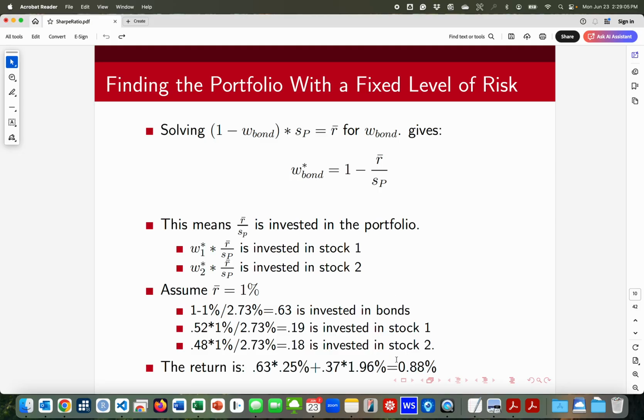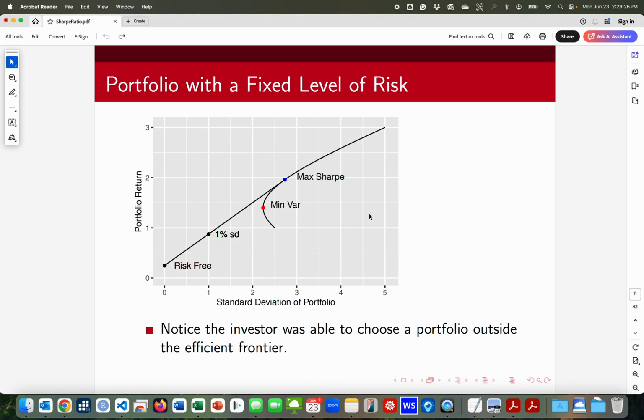Again, the return is just going to be the weighted average: the return on the bond times the share in the bond, plus the return on the tangency portfolio multiplied by the weight in the tangency portfolio. So notice that 0.37 is what you get if you add up the 0.19 and the 0.18. So all we're doing right here is showing you where this investor actually falls.